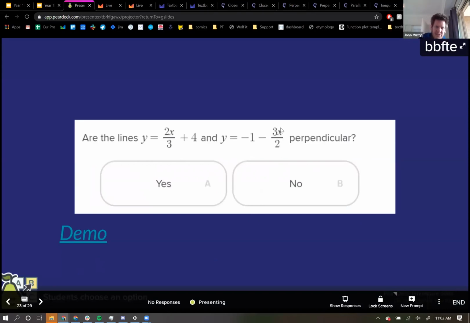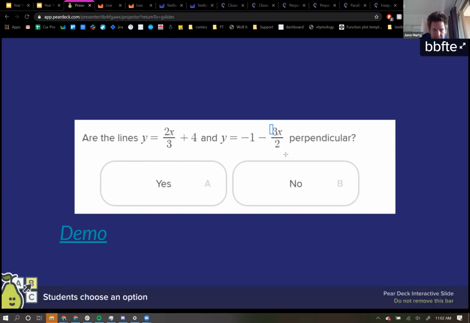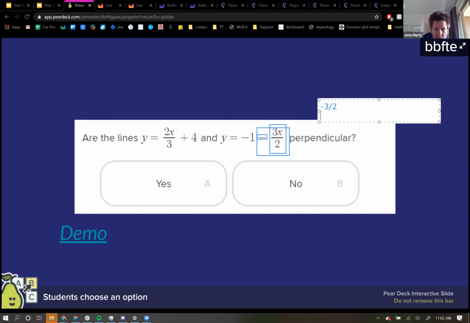Here we go. This one's a bit different just because the order has been changed. Even though it's in a different part of our equation, this here is our gradient, minus 3 on 2. Really important not to forget the sign. So we have one gradient here, which is minus 3 on 2, and the other gradient here, which is 2 on 3.